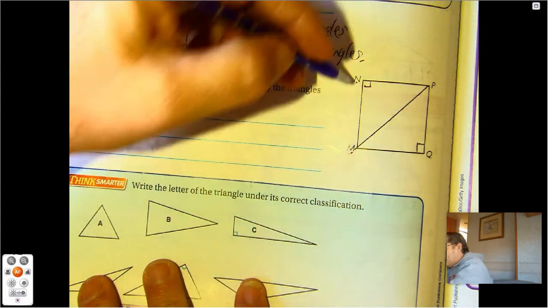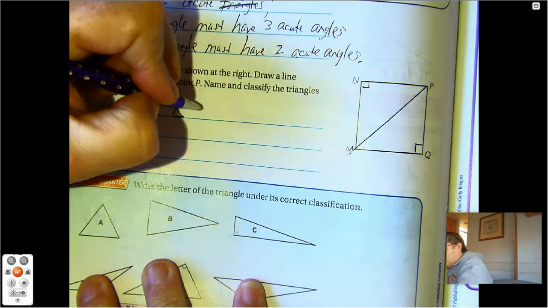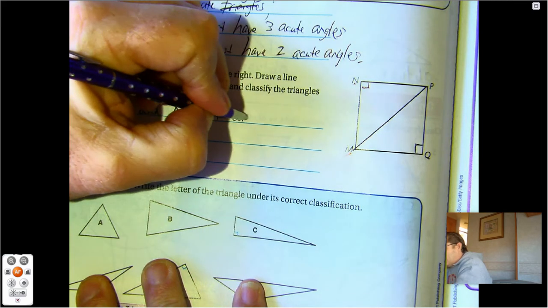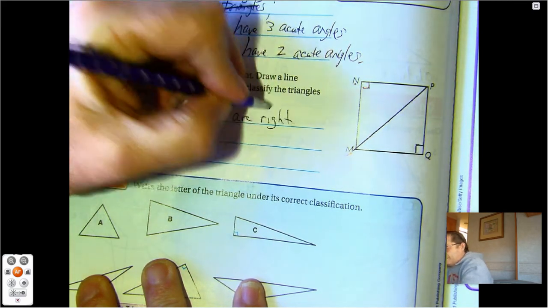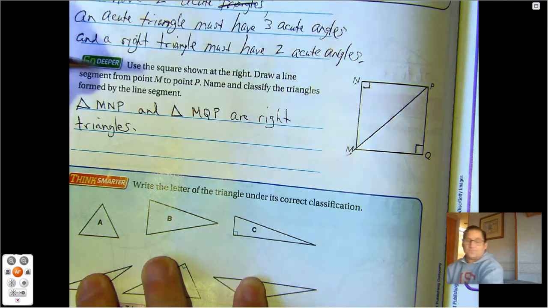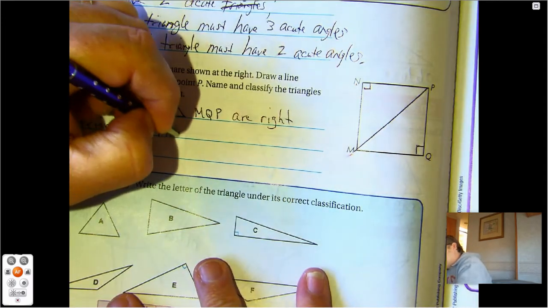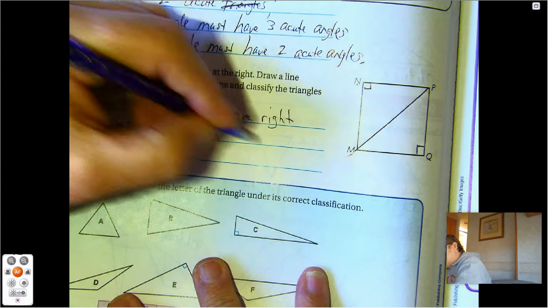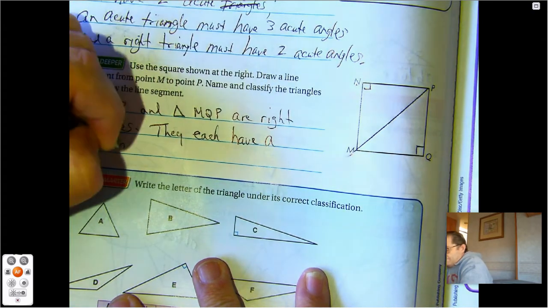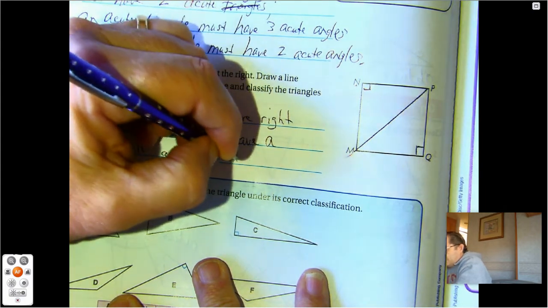So triangle MNP and triangle MQP are right triangles. Why? Because they each have a right angle and two acute angles.